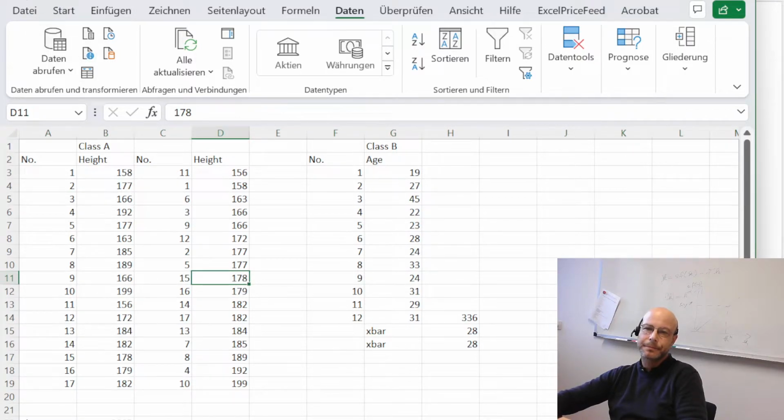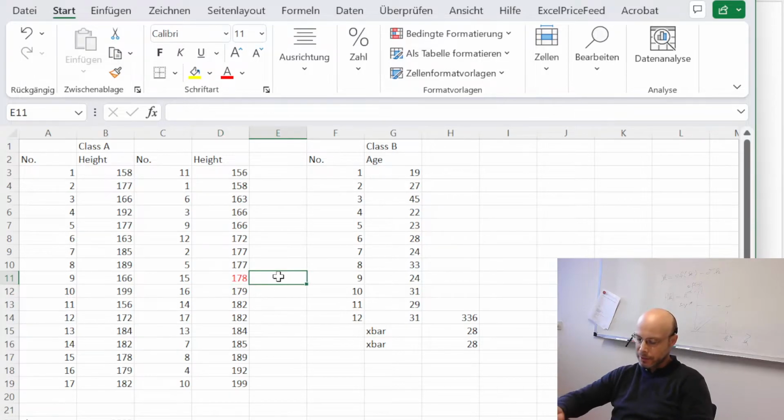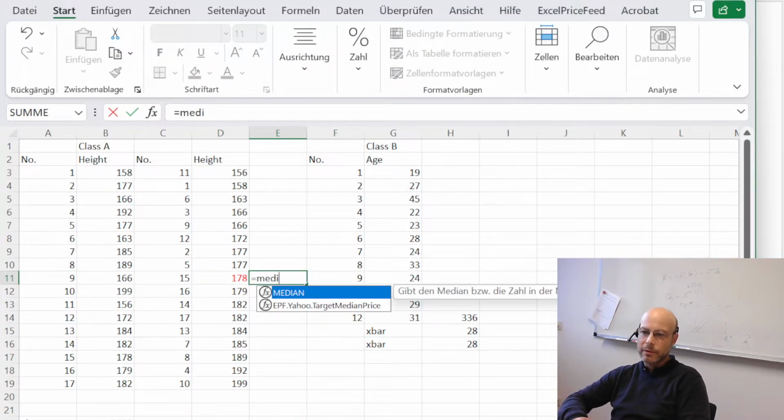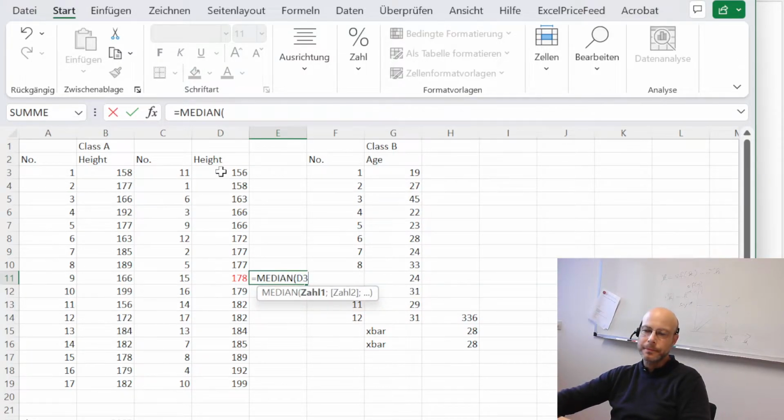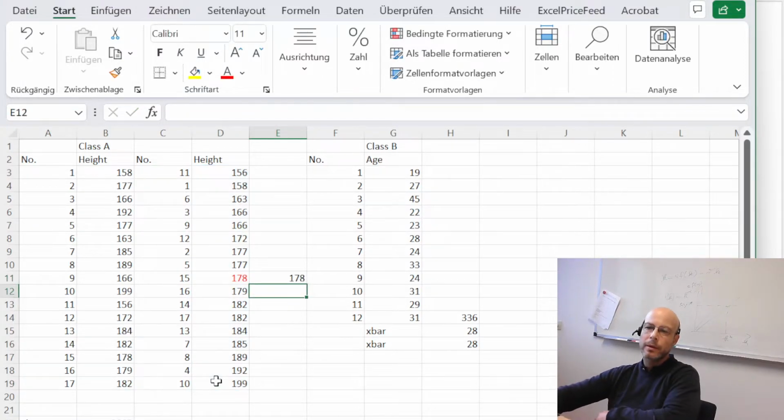Or let's make this, because this is then the middle of our distribution. And of course, we have also the function median. And let's see what happens. We have also our 178, because this is just the middle of the distribution.